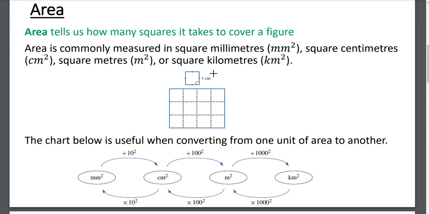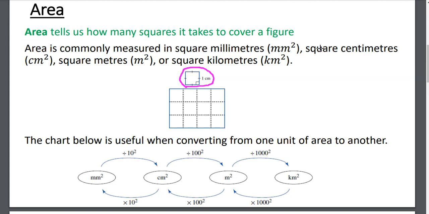Well, not quite, because we don't know what the side length of those squares are, or the person you're telling doesn't know what the side length of those squares are. So you would need to say the area of this shape is 12 centimeters squared. Why centimeters squared? Because it consists of 12 of these guys. And this guy here is a square where each side length is 1 centimeter.